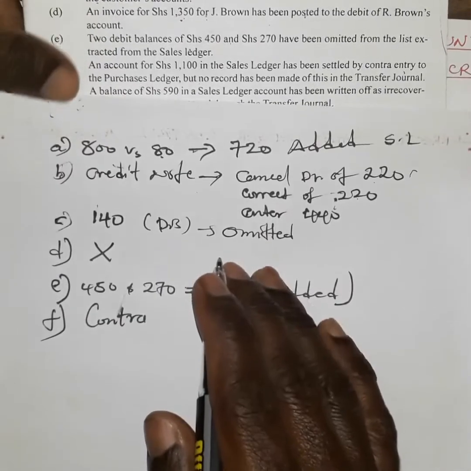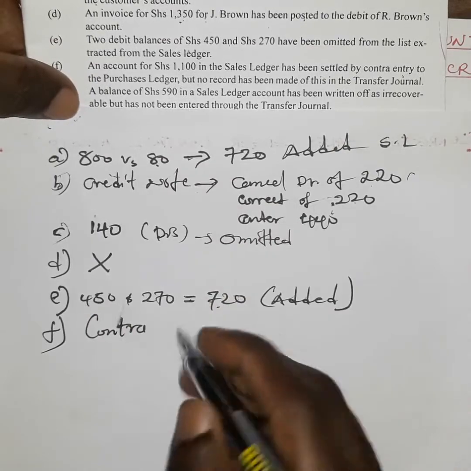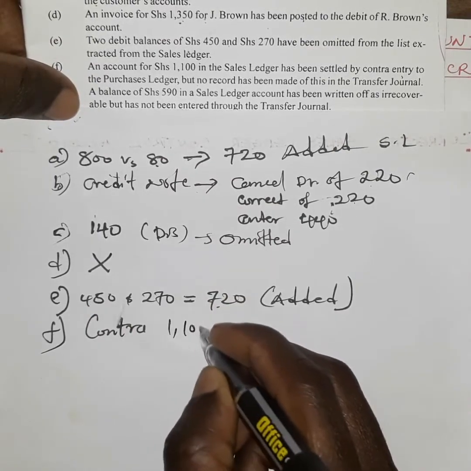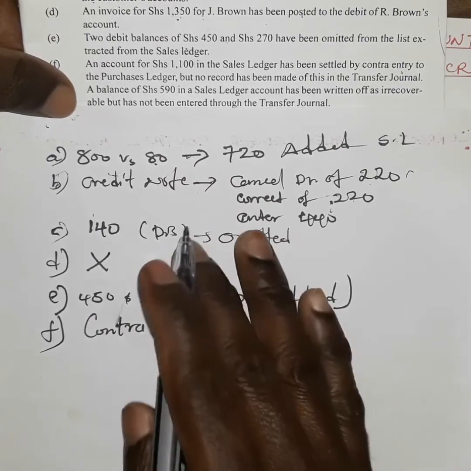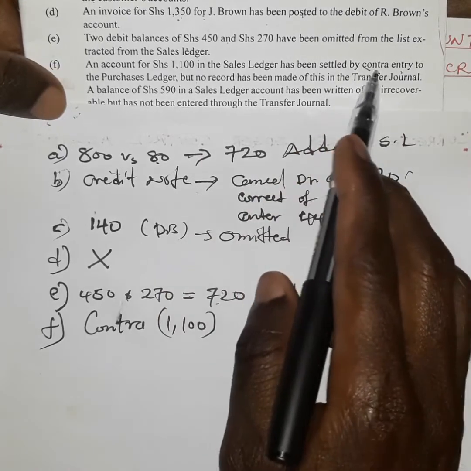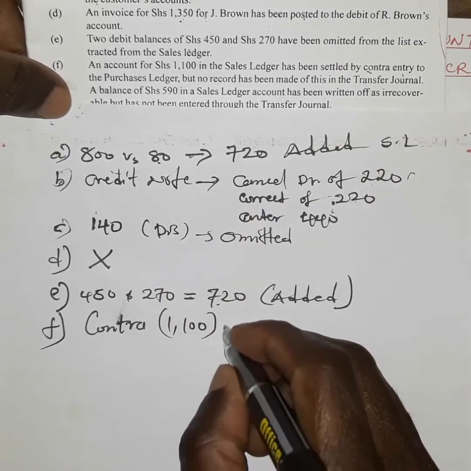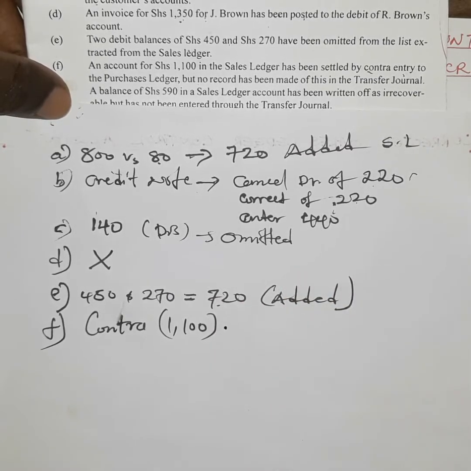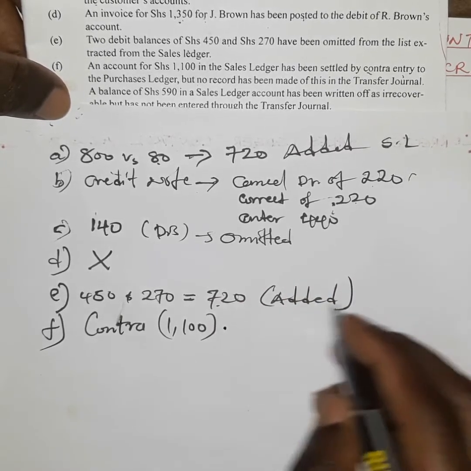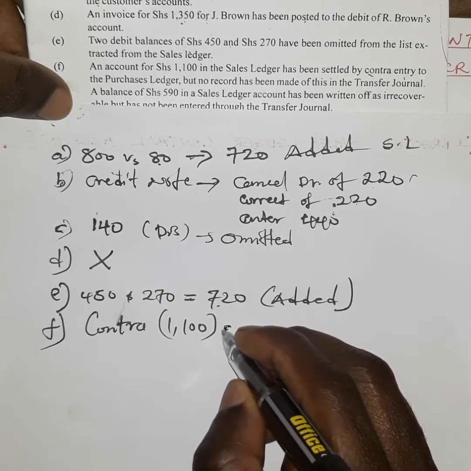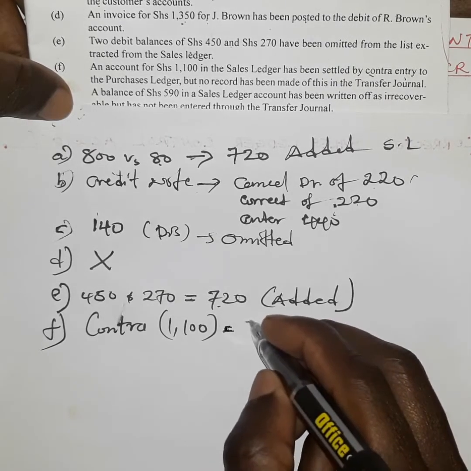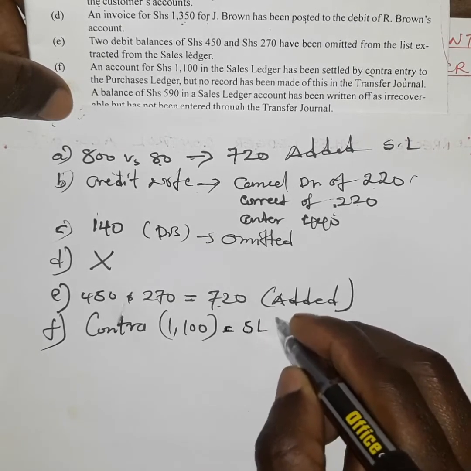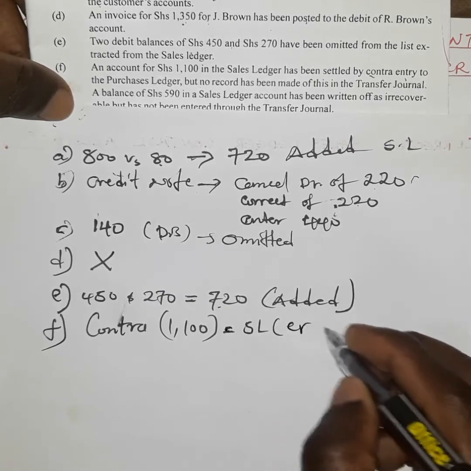And because the amount is 110 shillings, this particular amount is supposed to be less. And when it is less, it means it's supposed to be shown as a reduction in what is in the sales ledger. So it's supposed to be shown on the credit side.